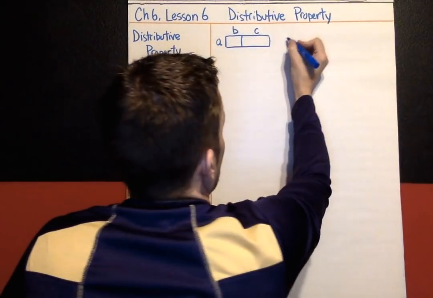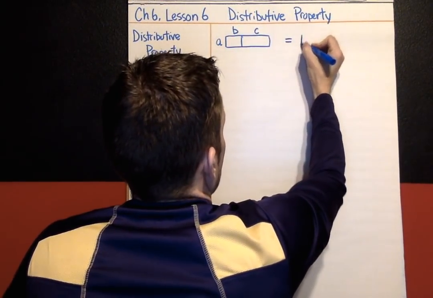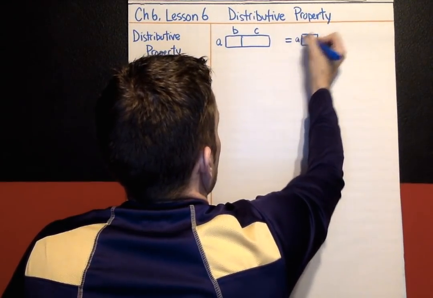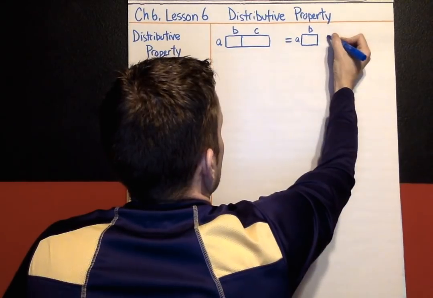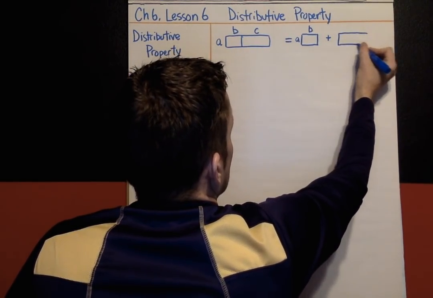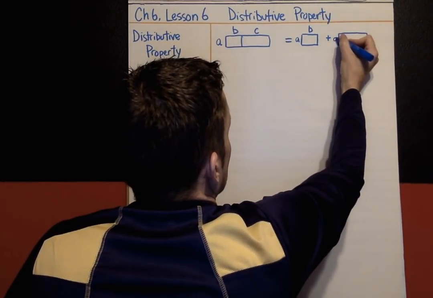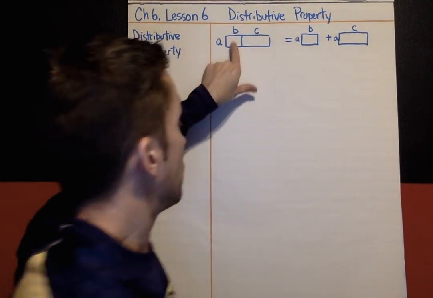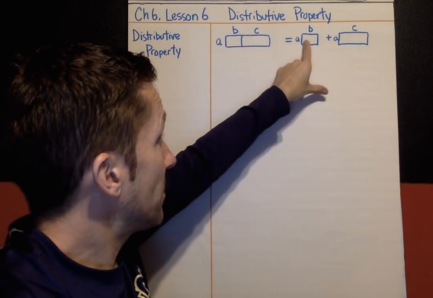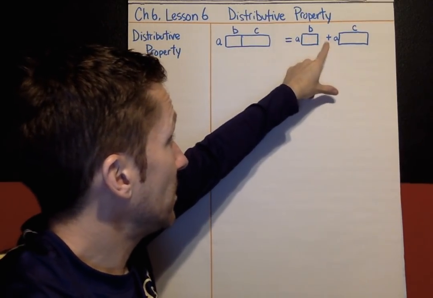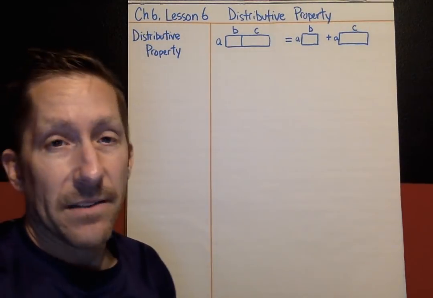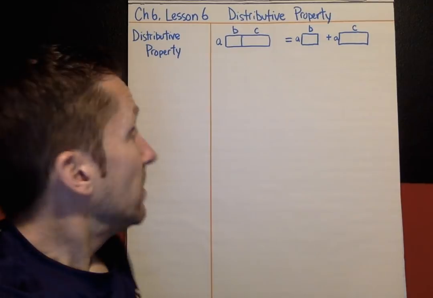But you can also find the total by finding the area of these two rectangles. You can find the area of one long skinny rectangle, or you can find the area of this rectangle and combine it with the area of this rectangle, and that demonstrates the distributive property.